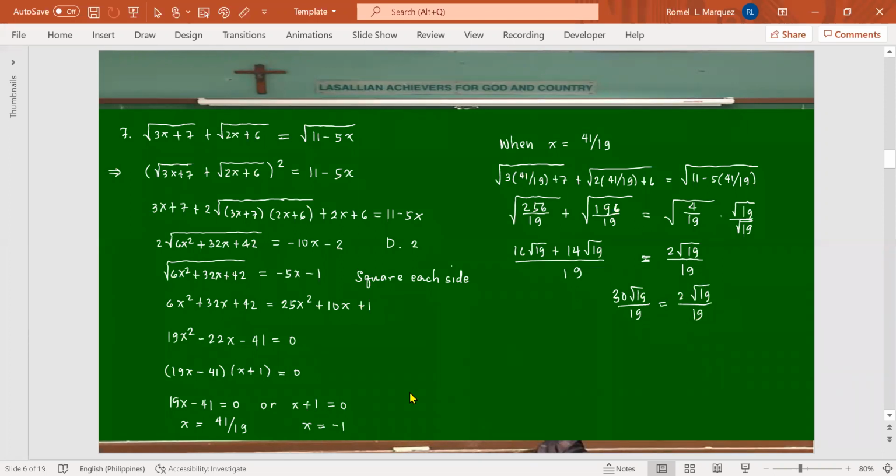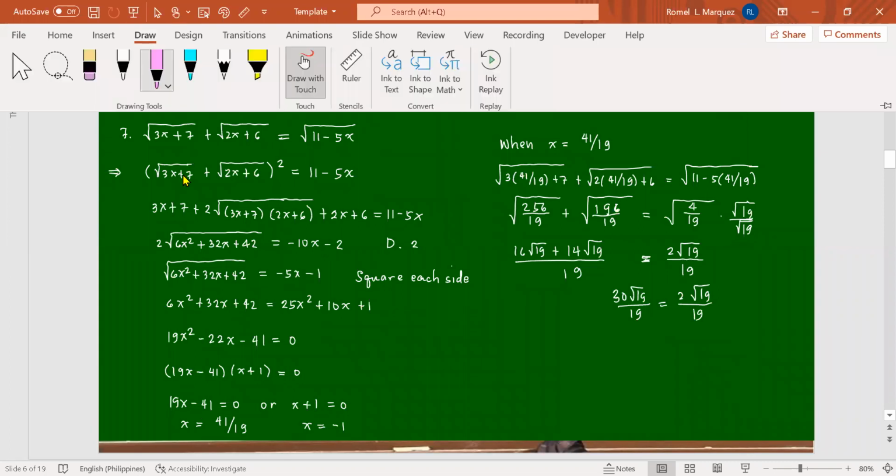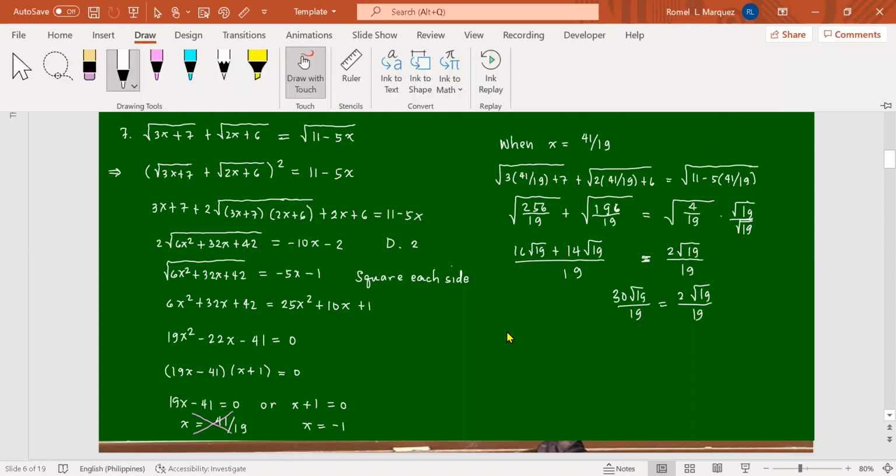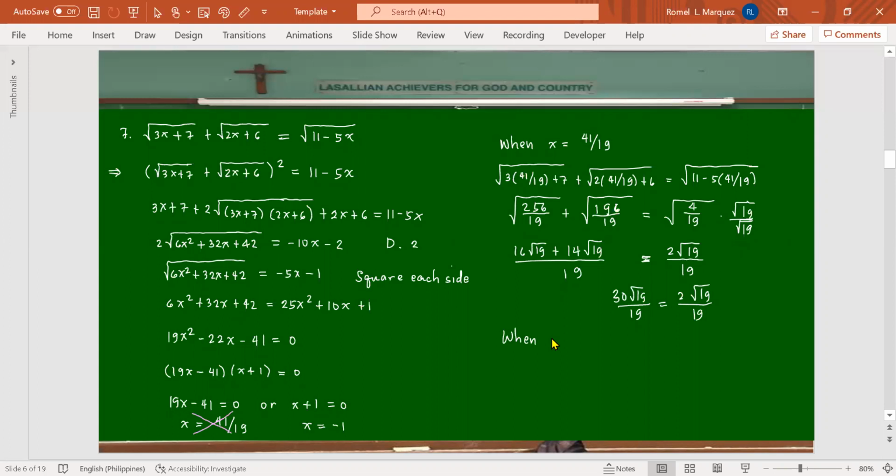No. Therefore, we reject the first one. We cross this. So, our chance is the second one. When x is negative 1, we can do that mentally. Negative 3 plus 7, plus square root of negative 2 plus 6, is equal to square root of 11 plus 5.